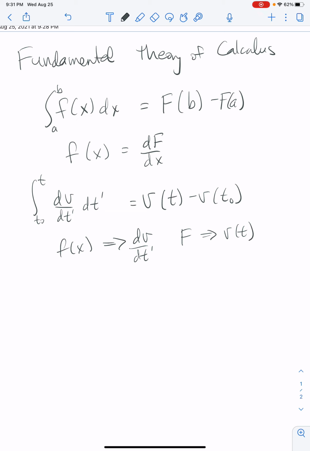The other way is to think of it in terms of a change of variables, so that the integration goes over dv instead of dt.